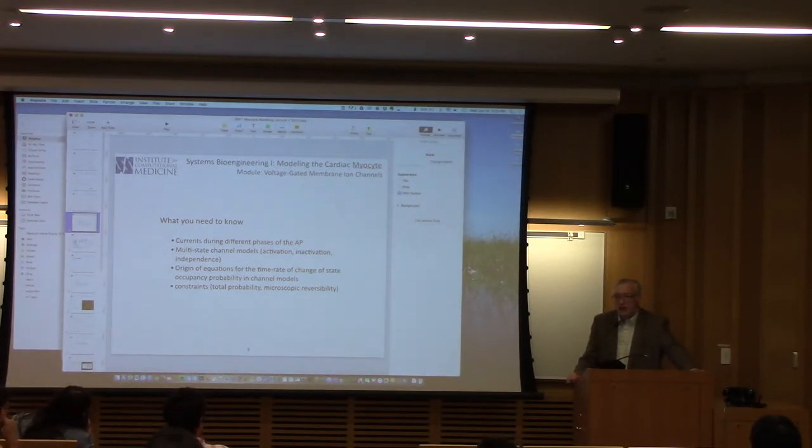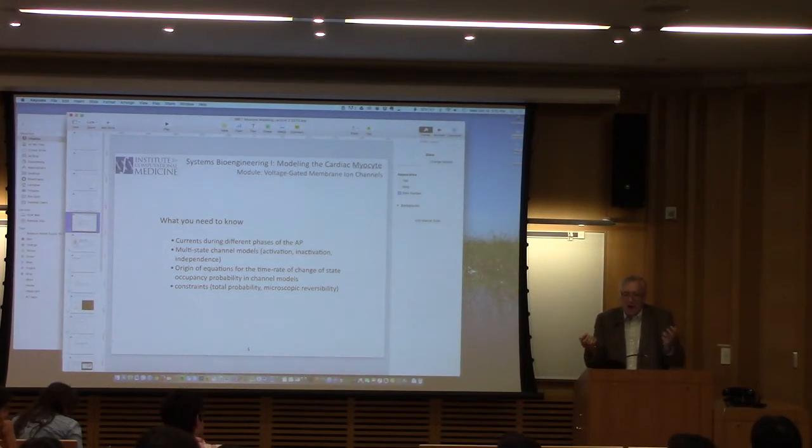We talked about a different way of representing the Hodgkin-Huxley sodium channel model, one that used a multi-state model. Based on that kind of multi-state representation, channels undergo a sequence of physical conformational changes during the gating process with the membrane potential that is imposed across the cell membrane.